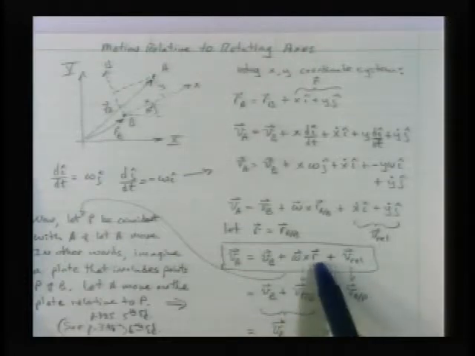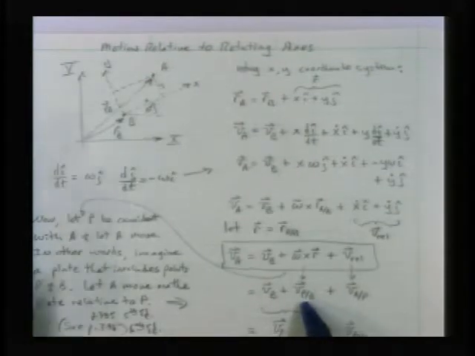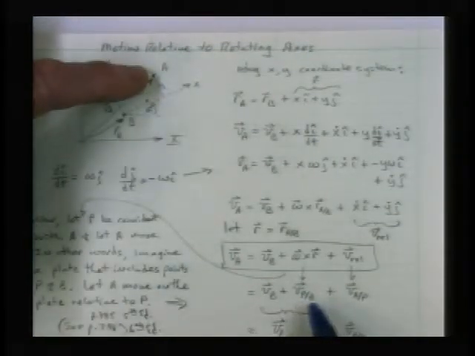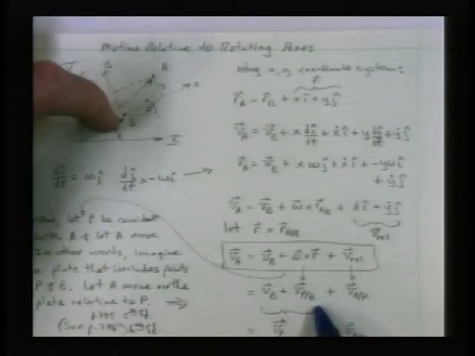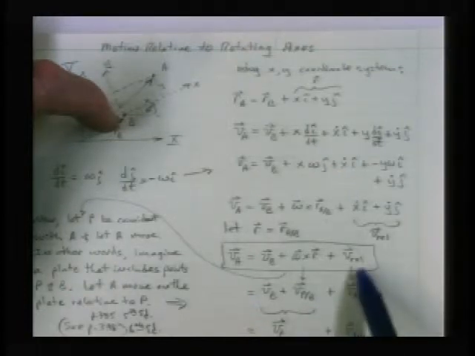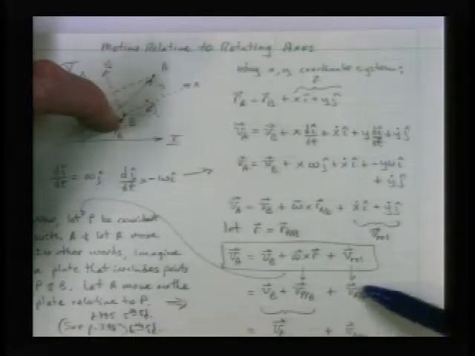This omega cross r term is the motion of P, the fixed point on this plate, relative to point B. And this term over here, V rel, is the velocity of point A as it moves away from point P.